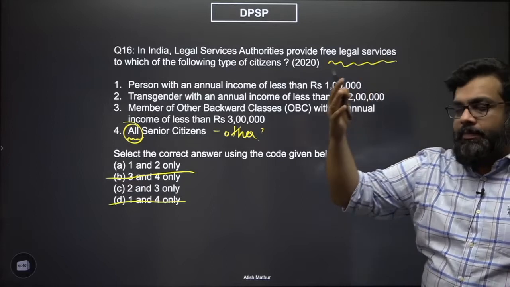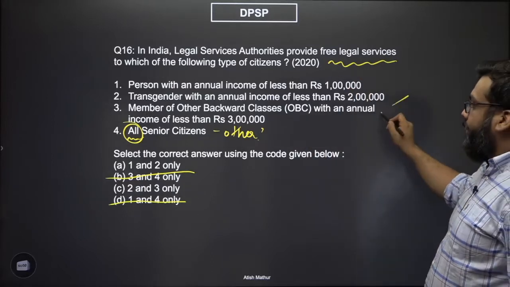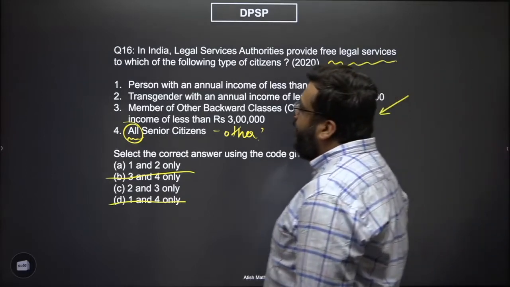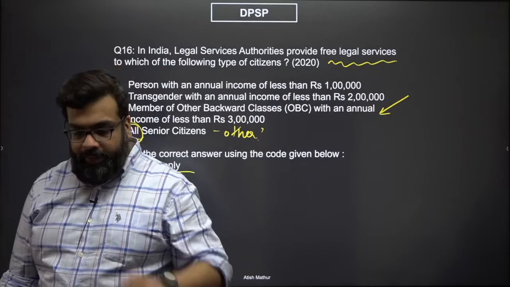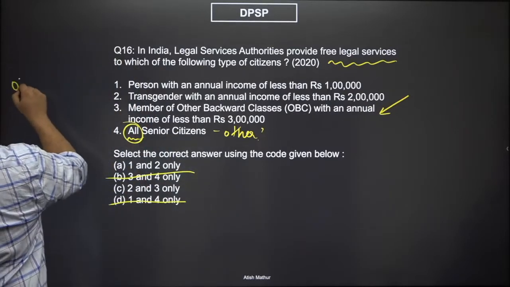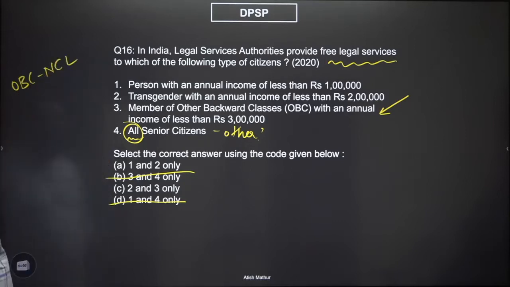Transgender benefits, perhaps a lot of us may not be aware of. Let's try and focus here on members of other backward classes with an income of less than 3 lakh. Now think about it. We know that other backward classes are essentially now on a non-creamy layer basis.